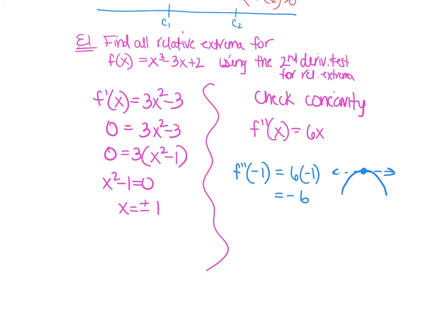So what we can conclude is that you have a relative max at x equals -1 because f prime of -1 equals 0 and f double prime of -1 is negative.